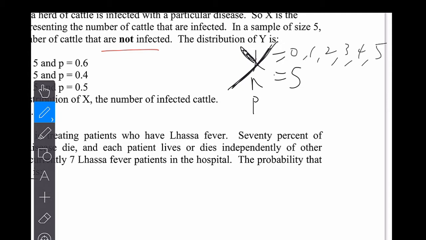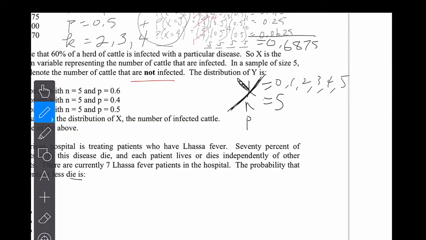Those are the possible outcomes for Y. And P is the probability of the cattle not being infected.